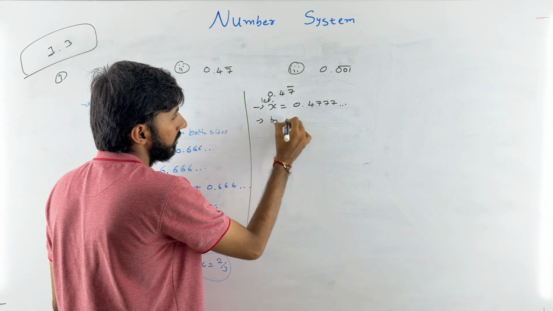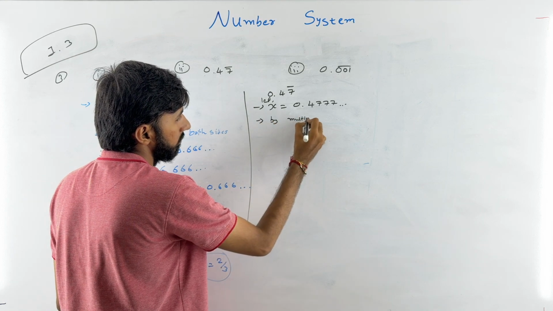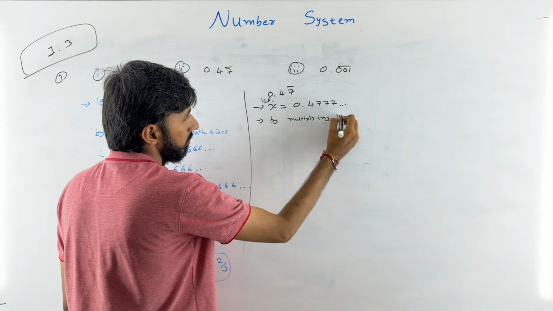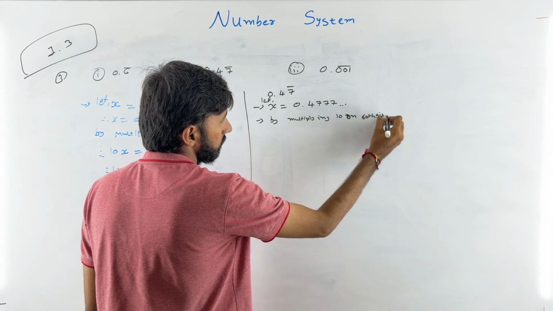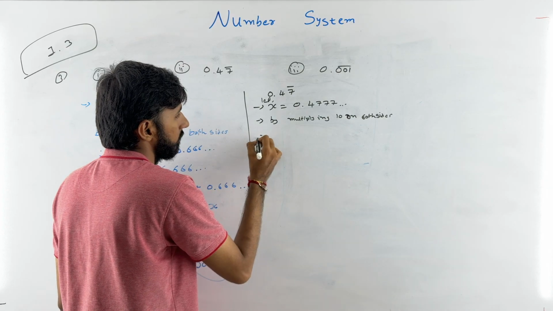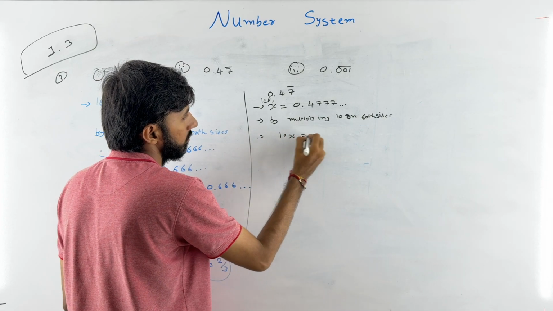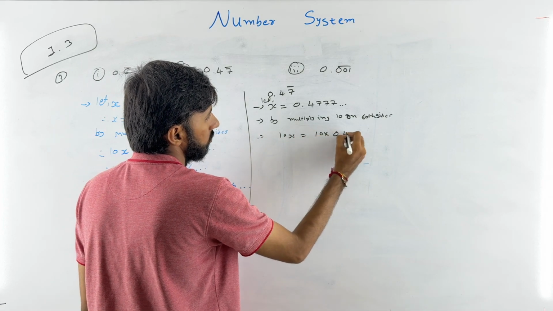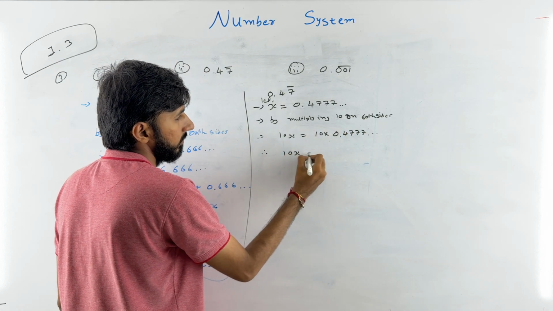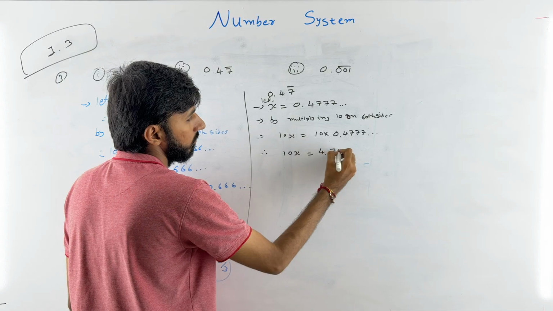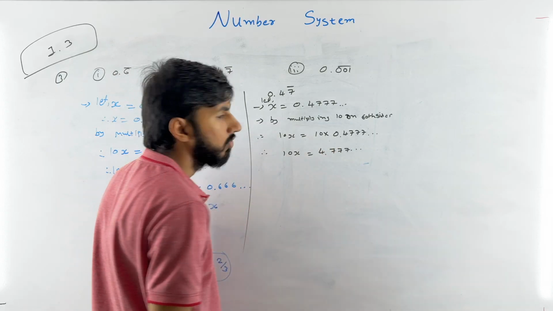So by multiplying 10 on both sides, I will get 10x equal to 10 multiply 0.4777. If I simplify it, my answer will be 4.777, and it will go on.